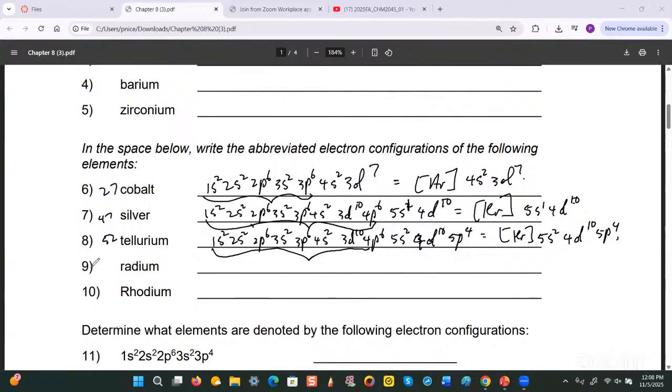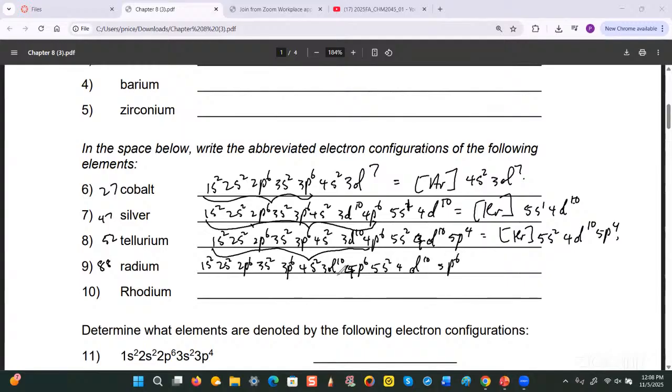What's the atomic number of radium? 88. Oh, this would be a very long one. So 1s2, 2s2, 2p6, 3s2, 3p6, 4s2, 3d10, 4p6, 5s2, 4d10, 5p6.